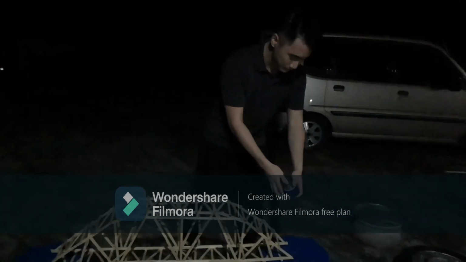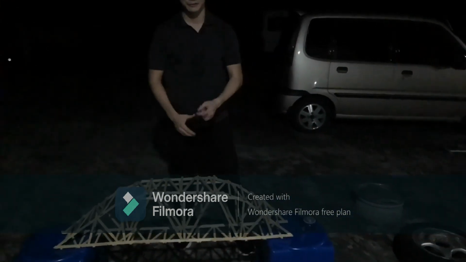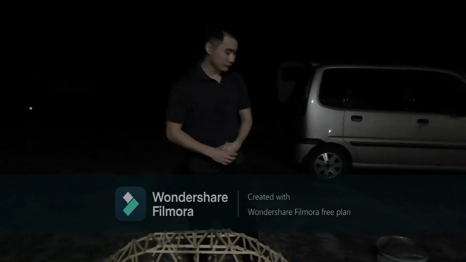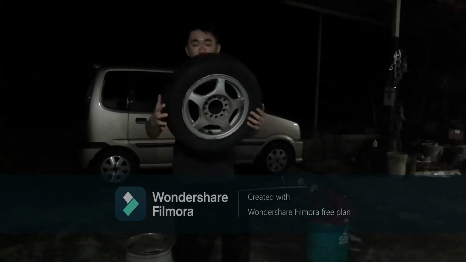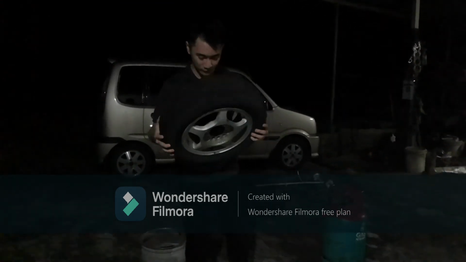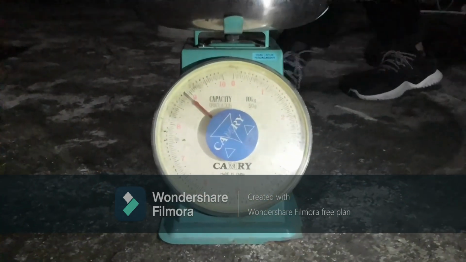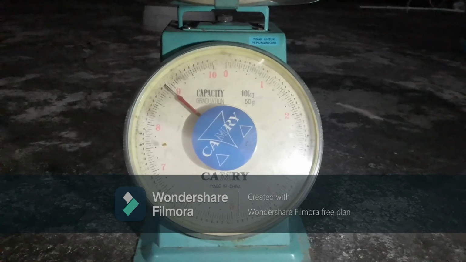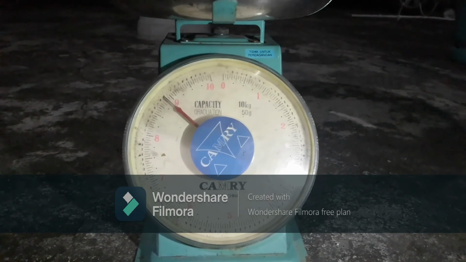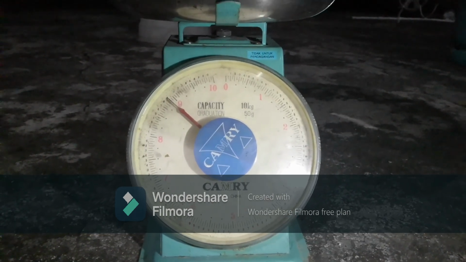Alright, now I would like to start the first testing. First of all, I will do the testing with this tire. We have to get the reading of the weight first. So the weight of the tire is 0.9 kg.